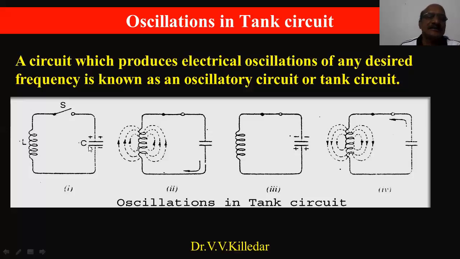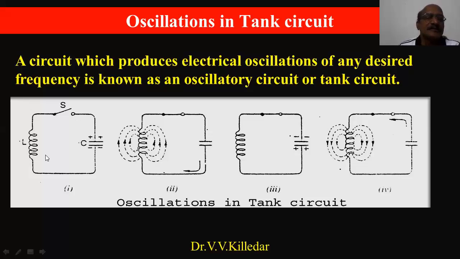Suppose initially we have charged this capacitor C by applying an external DC battery. So some voltage is applied between the two terminals of the capacitor by using a DC source. What happens? The capacitor gets charged. The important property of a capacitor is that it stores charge in the form of electrical energy.